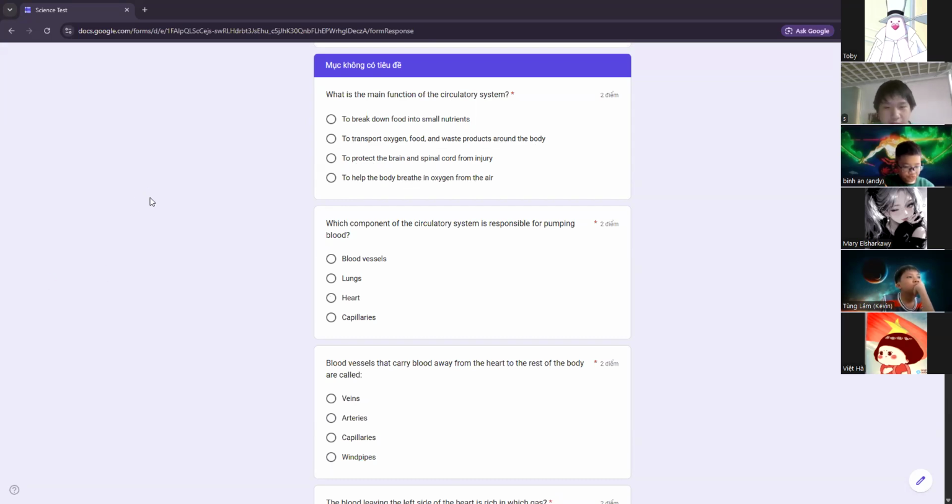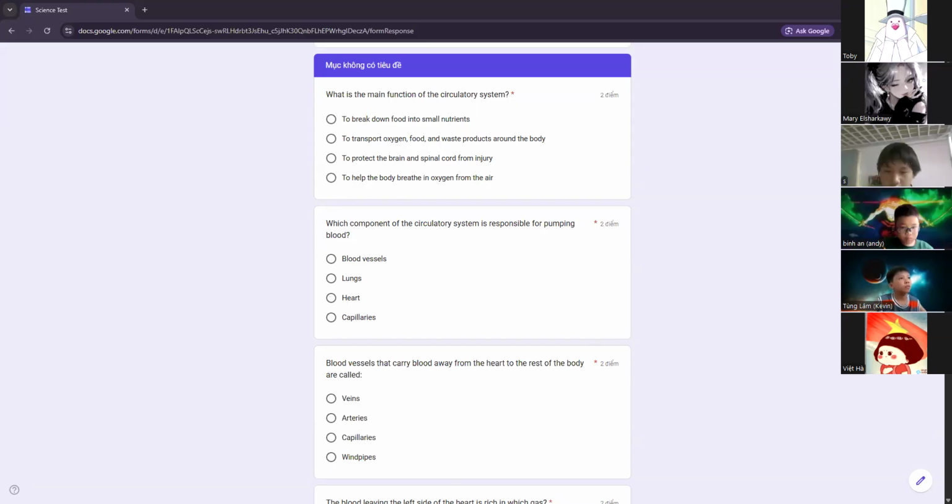Which component of the circulatory system is responsible to pump blood? Can anybody answer? It's the heart. Yes, it is the heart. Now, the blood vessels only transport the blood. They don't actually pump the blood.